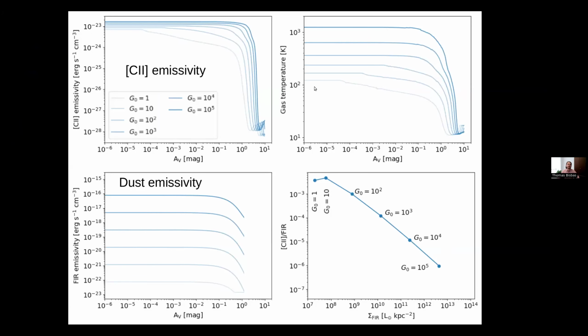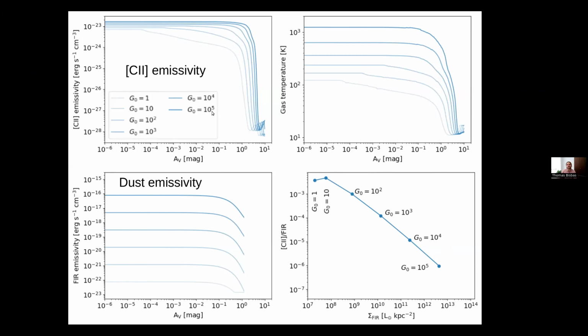And what photons do, as we can see here in the series of PDR models, is the following. We have here 6 different PDR models where we vary the FUV intensity from G0 of 1 up to 1 million, up to 10^5 or more.